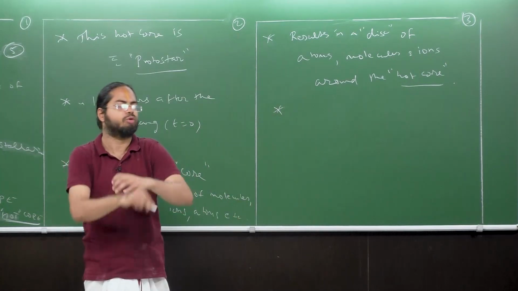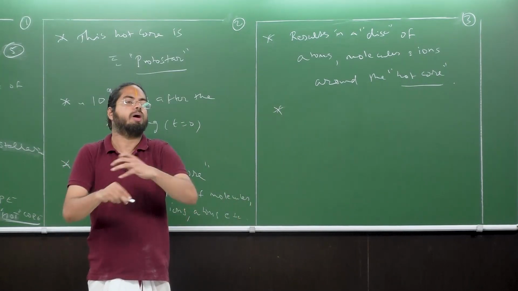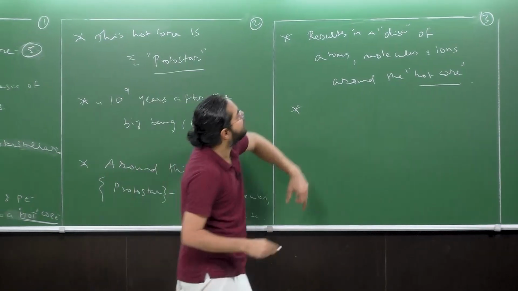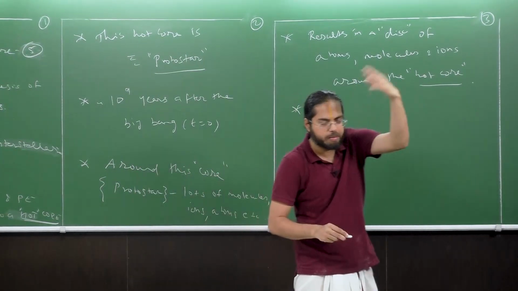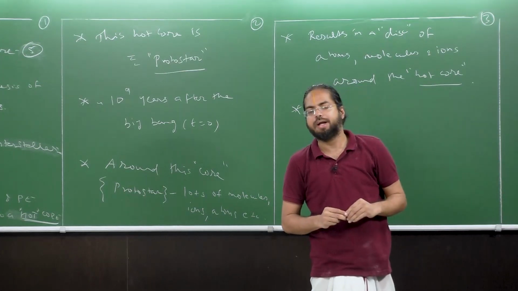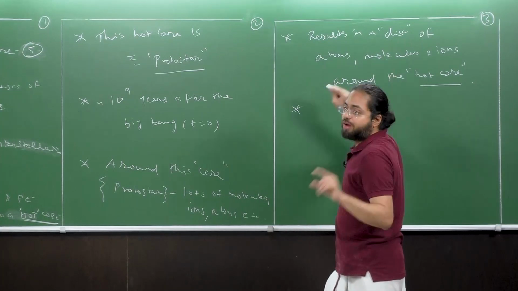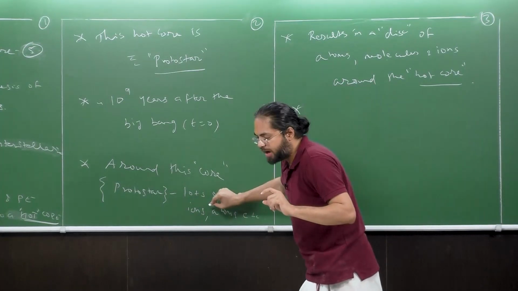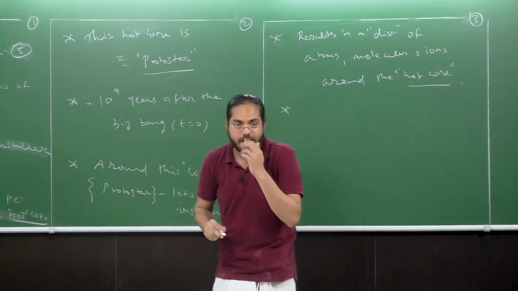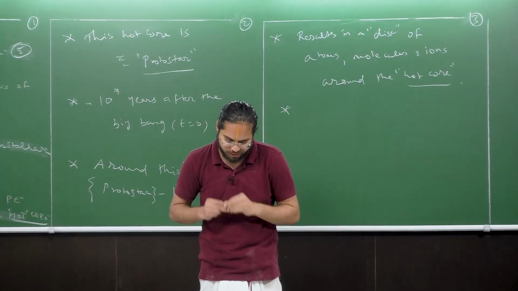We know that a protostar is born, but surrounding a protostar, due to the influence of gravity, there are still lots of molecules and ions rotating around this hot core. And these molecules are actually very important. It is not just the protostar, but these molecules, as we shall very soon see, are very important to understand the concept of molecular evolution itself.